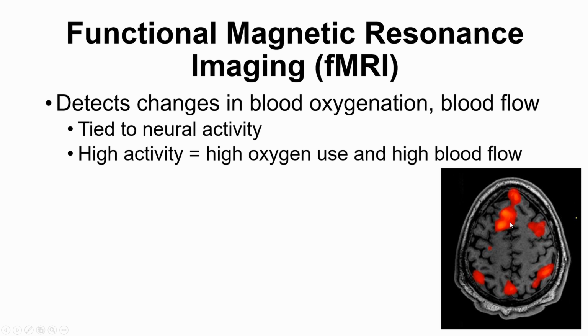Same thing: more blood and more oxygen and more movement are going to happen in the parts of the brain that are most active at any particular time. So when we see these areas light up, that means they're active because they're using more blood and more oxygen and more resources. We can map activity and then superimpose it over the structure that we got from a regular MRI.